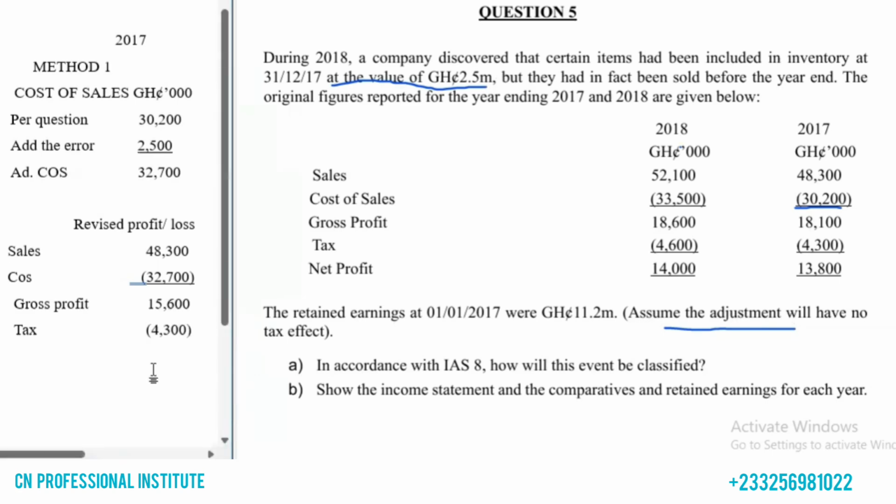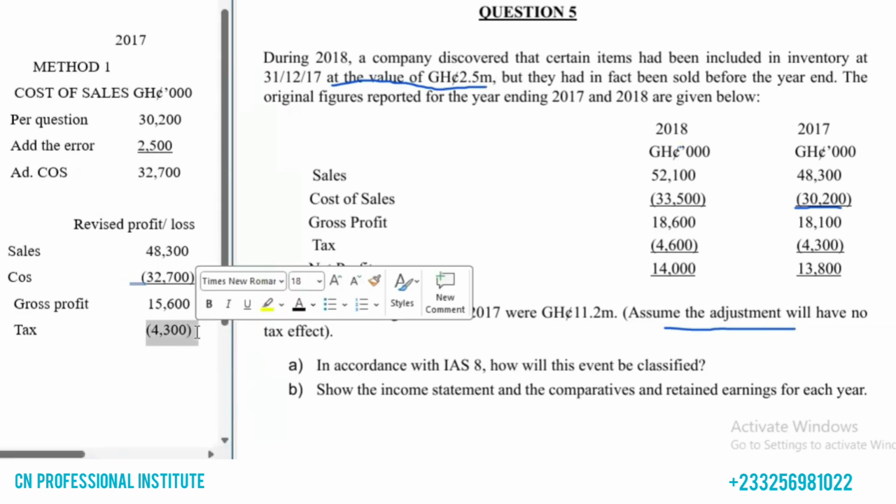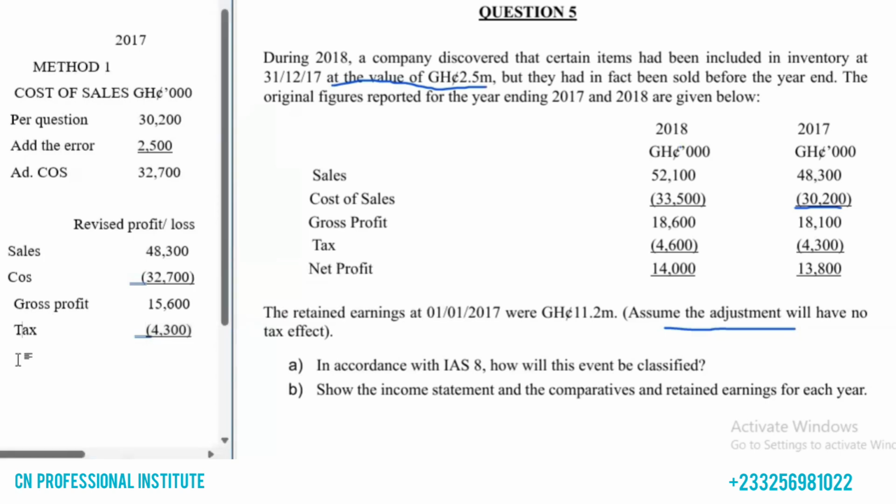Okay, so we have 4,300. You underline, and then we get the profit after tax of what? So our net profit of 11,300, right?